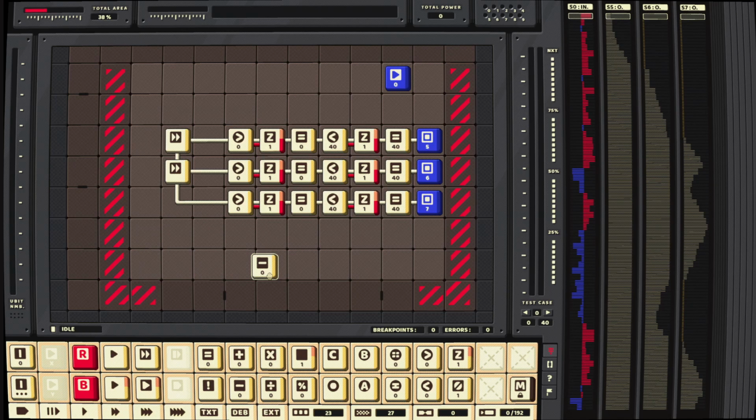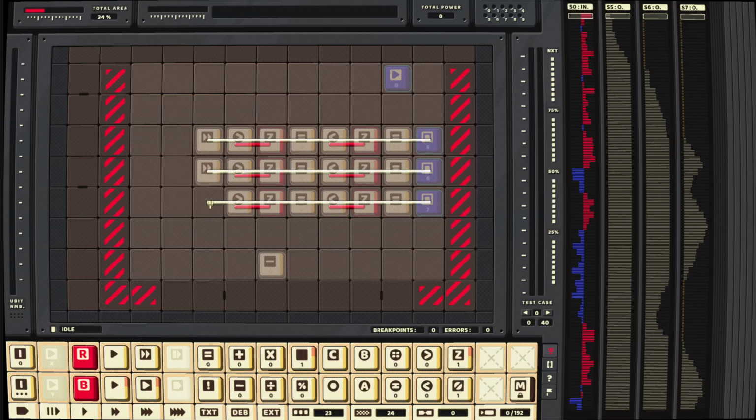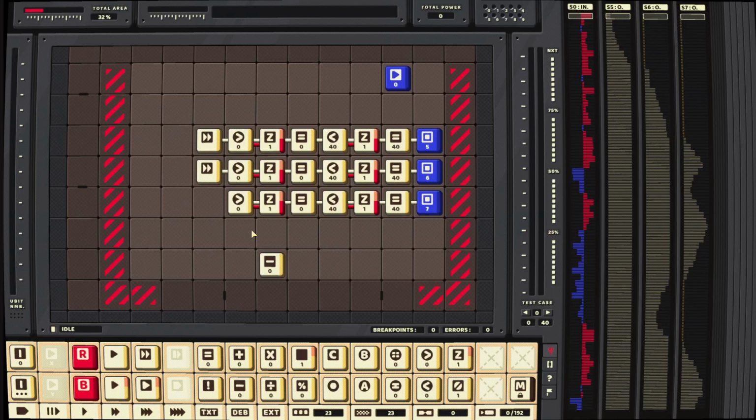I was thinking subtract 40 to go here. Well, have this one be like... But I think actually I can use up a little bit less space.